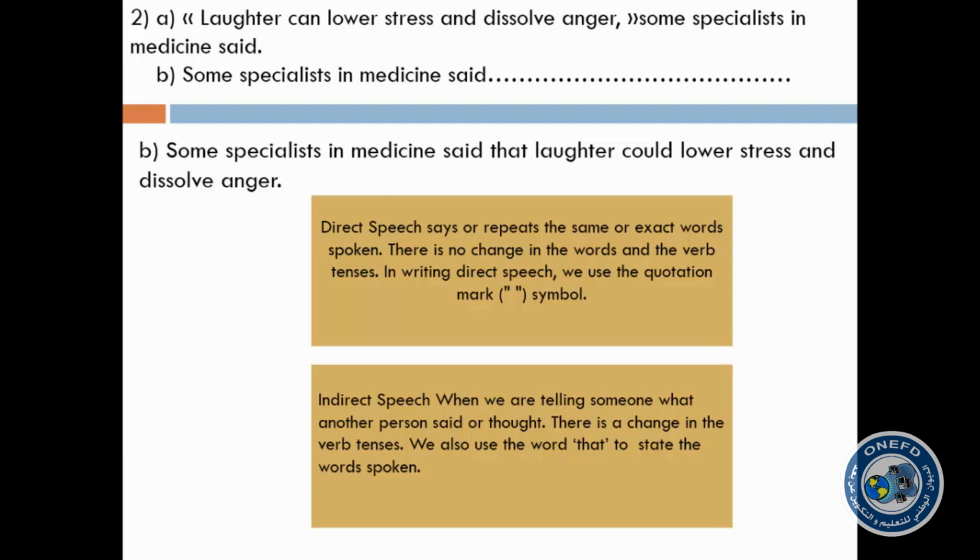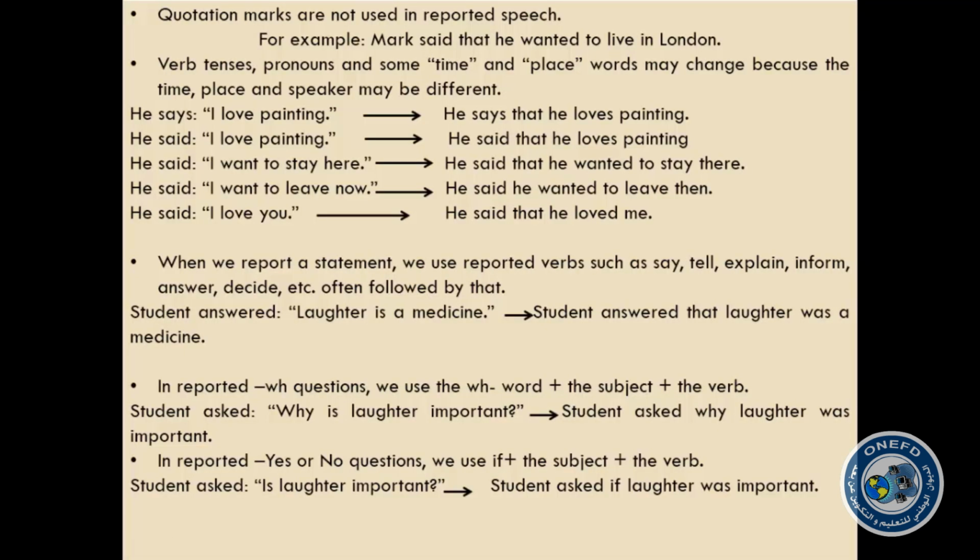We also use the word that to state the words spoken. As you can see here, that comes directly after the introductory verb. So we said there must be some changes, and these changes occur because the introductory verb is in the past tense. So let's look at these changes.